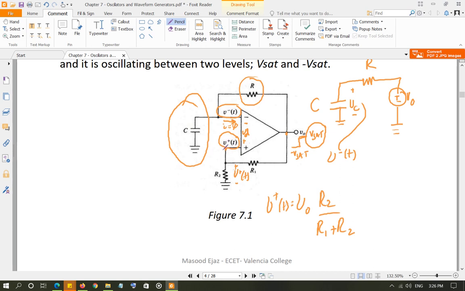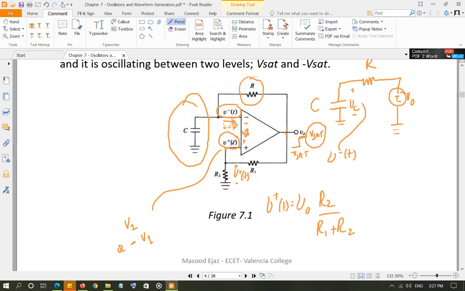Now remember, since the voltage at this point will either be V1 or negative V1, if the capacitor voltage is greater than V1, the output will be negative Vsat.